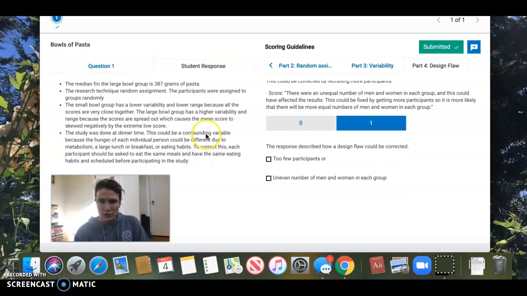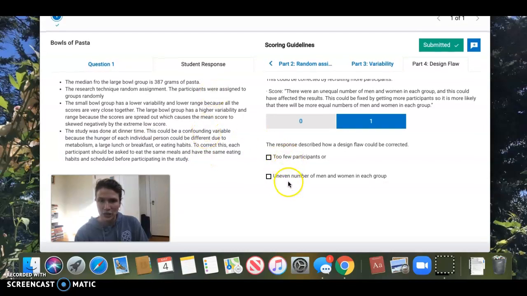The other two things that could have scored were, and there's a few other ones as well, but two things that the rubric mentions is too few participants. Typically you want a minimum of at least 30 people in a study to make it more legitimate, more scientific.